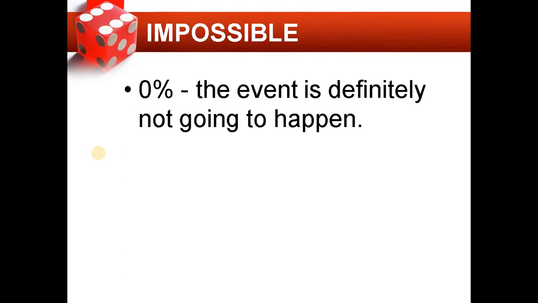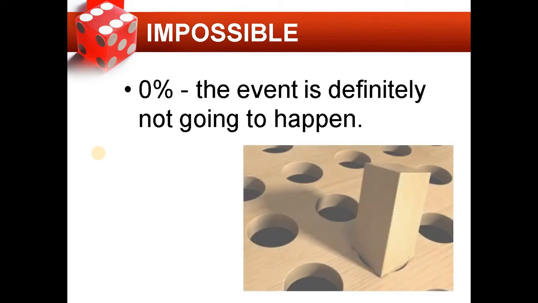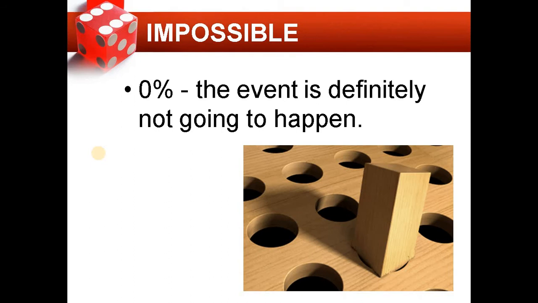And the last one is impossible. So how many percent is impossible? It will be 0%. The event is definitely not going to happen. 0%, no chance of happening. So let's say, for example, this picture.